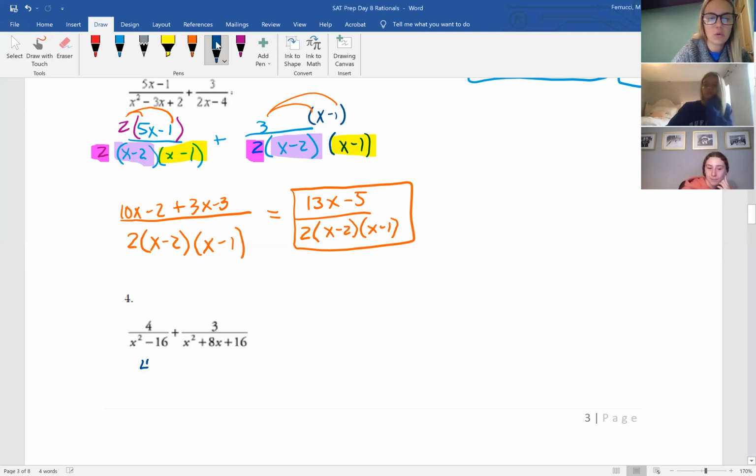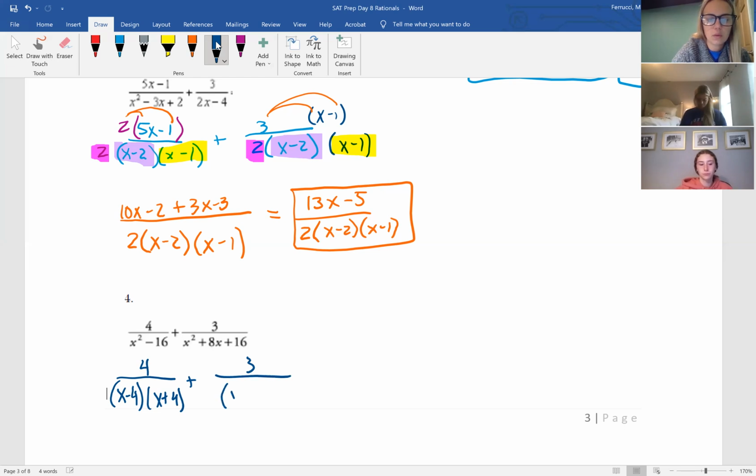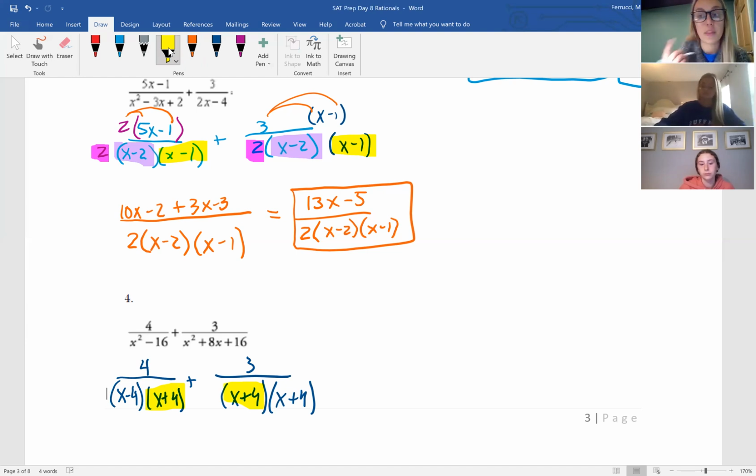Okay. So, yeah, this is a good question. If we were highlighting the ones that they have in common, they really only have an x plus 4 in common. Only one of those. So what is the left one missing that the right one has?